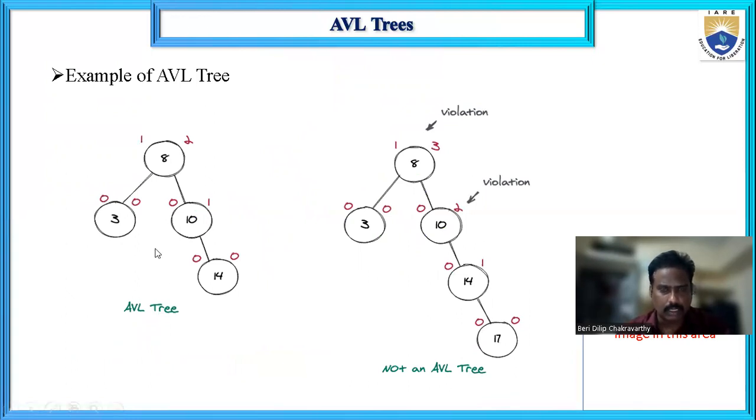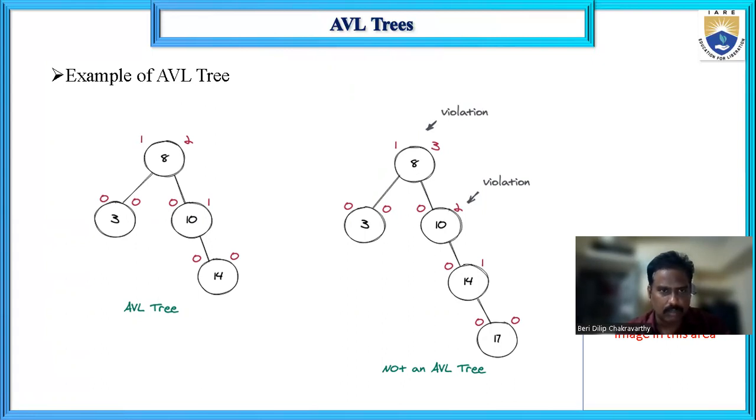Okay, I will show some other examples of AVL trees. Observe here, I'm calculating the balance factor. On this side it is 1, on this side it is 2. 1 minus 2 gives minus 1. Okay, here in this example, he considered right minus left.